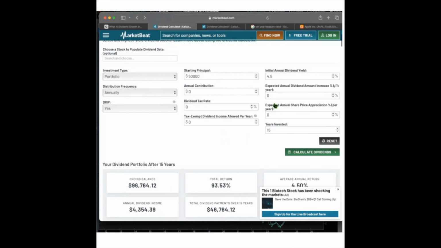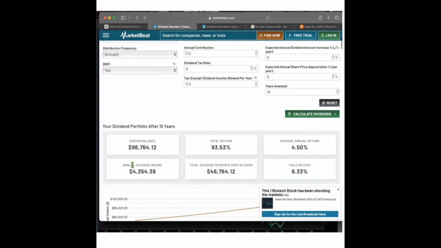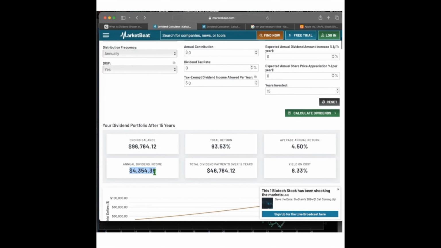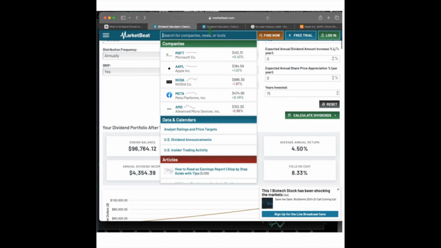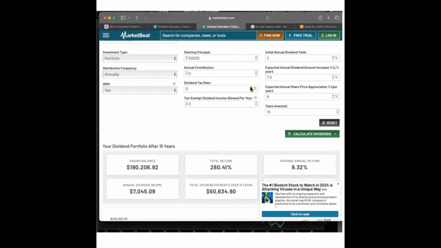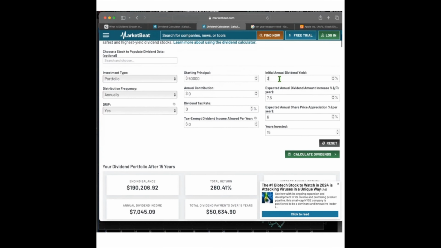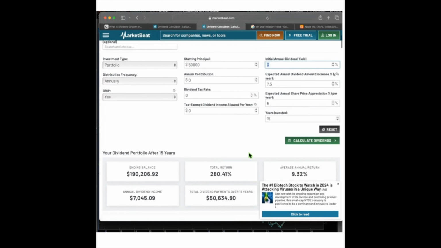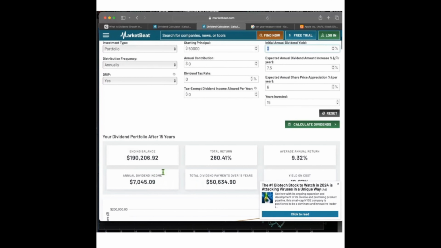You remember, this initial annual dividend yield was 4.5%, and we ended with $4,300 in income. We go to the dividend growth example. What do we see? This initial dividend yield was only 3%, guys, and we ended with an annual dividend income of $7,045. These two numbers right here are really what I want to compare, guys.